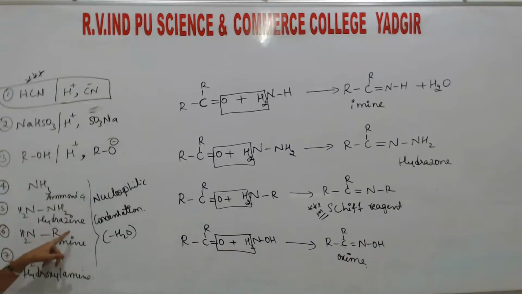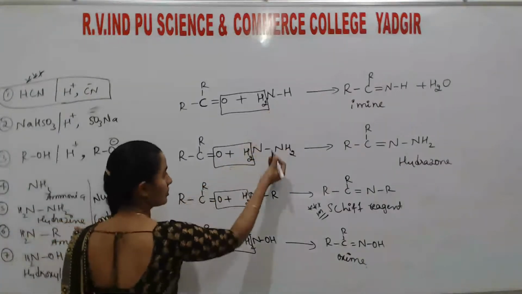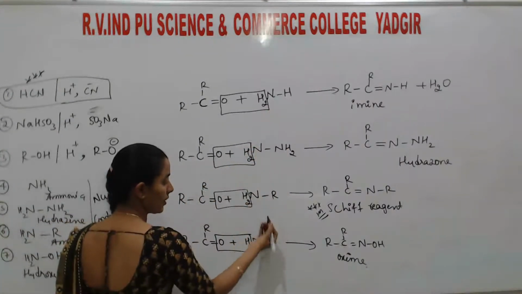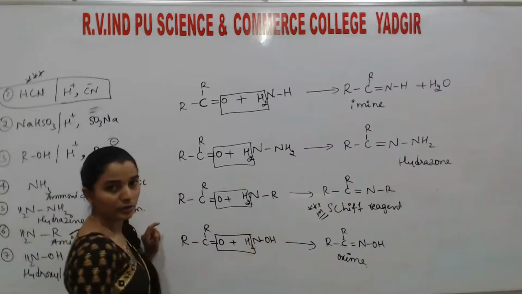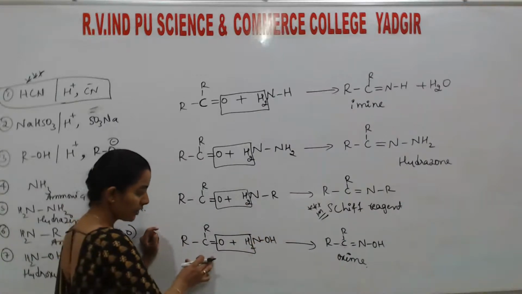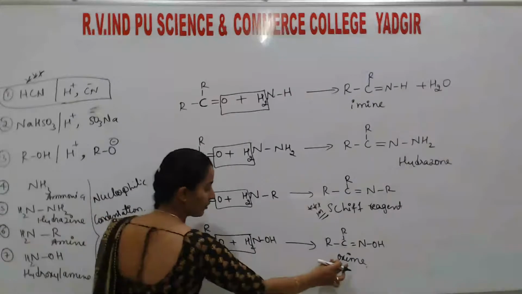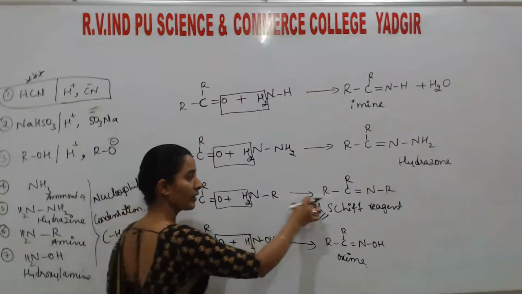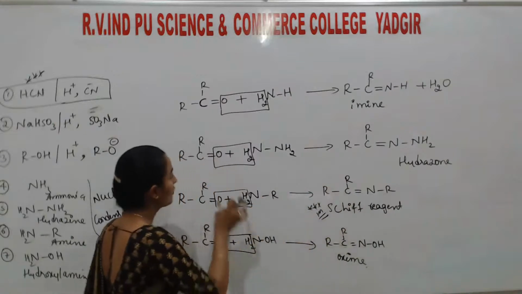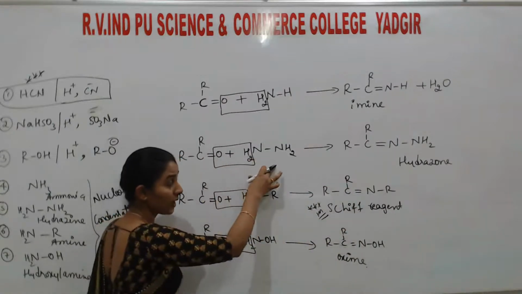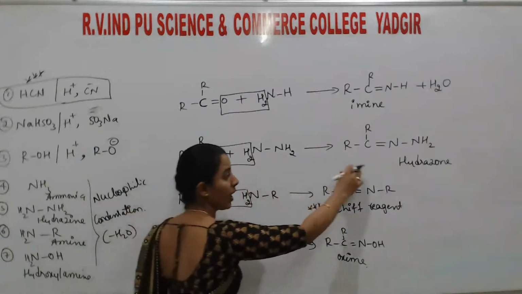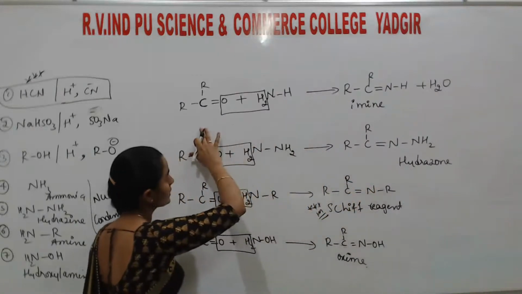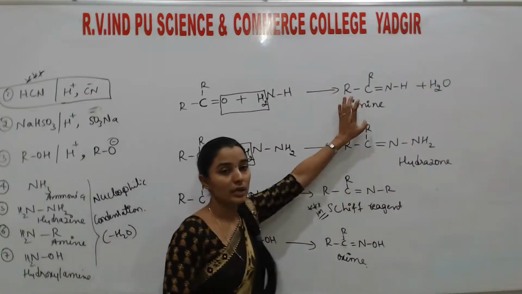So here I already wrote the name of the reagent. This one is ammonia, of course. This one is hydrazine, primary amine, and hydroxylamine. So when aldehydes or ketones react with hydroxylamine, they form oximes. When aldehydes or ketones react with primary amine, they form Schiff base. When aldehydes and ketones react with hydrazine, they form hydrazone. When aldehydes and ketones react with ammonia, they form imine.